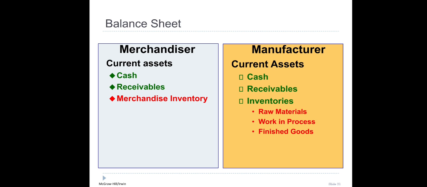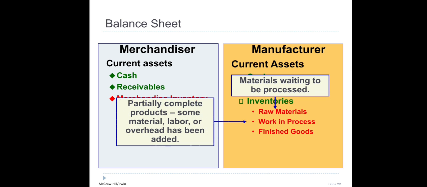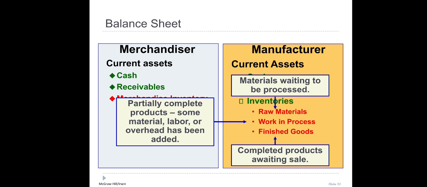Finished goods inventories are products that are ready to be sold to customers. You can see in this slide the definitions: materials waiting to be processed, then partially complete product, and then finished goods are completed products awaiting sale.